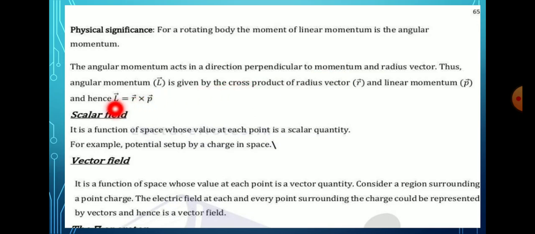So we go to the next topic, that is scalar field and vector field. We know the basic definition of scalar and vector. Scalar is a physical quantity which has only magnitude and no direction in space, for example temperature, mass, time, volume, etc. These are scalar quantities.